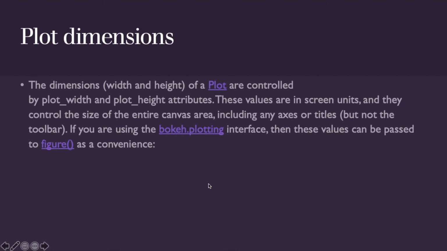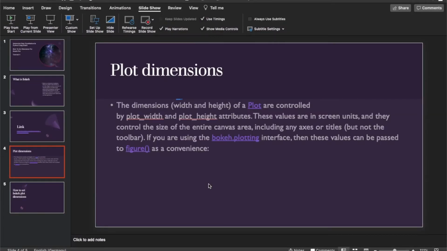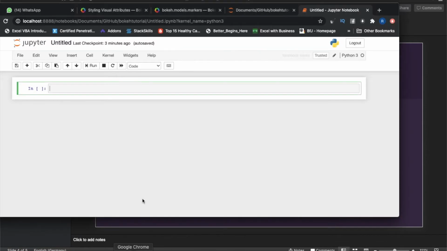I'll create the code, then it will be easier to understand. Let me name this tutorial 4, how to set dimensions of a bokeh plot.